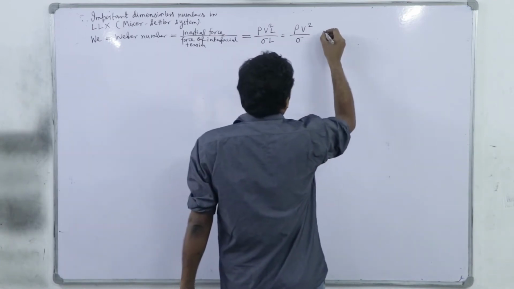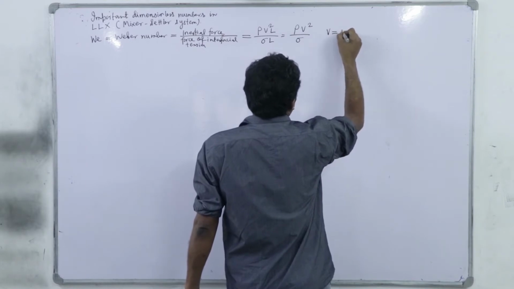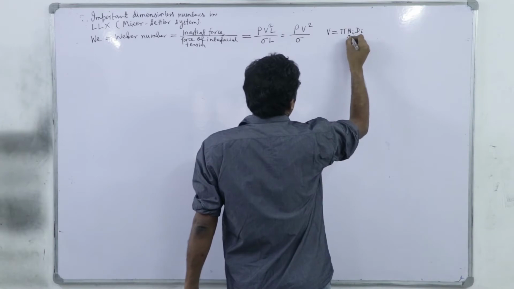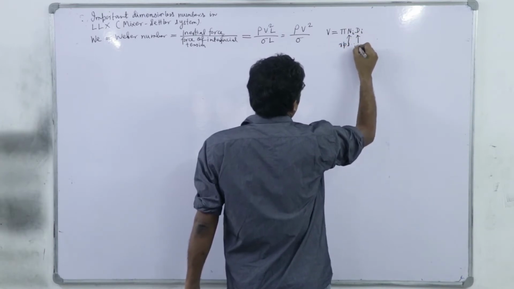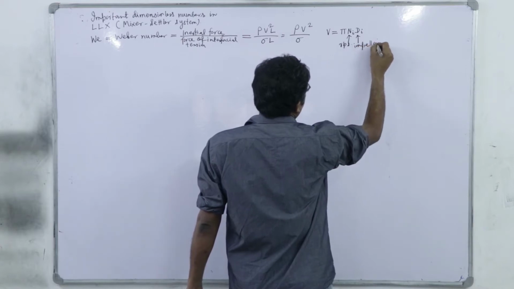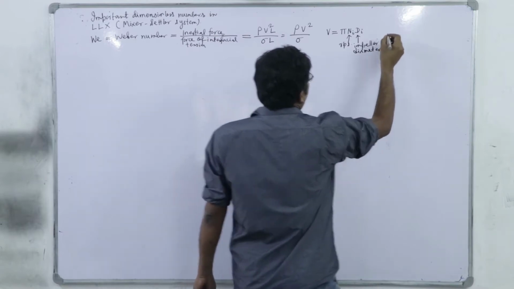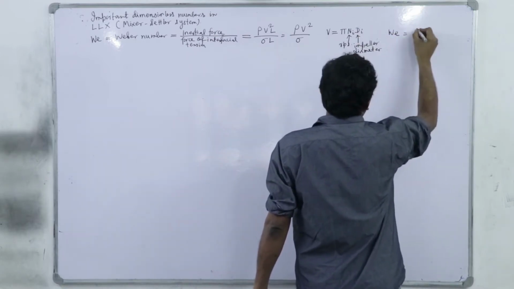And for the present system V is equal to pi Ni di, where Ni is the RPS and di is the impeller diameter of this mixer. So, we get the Weber number for the present system, pi definitely we drop.